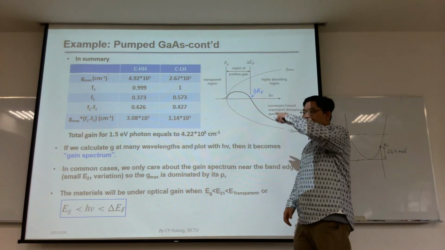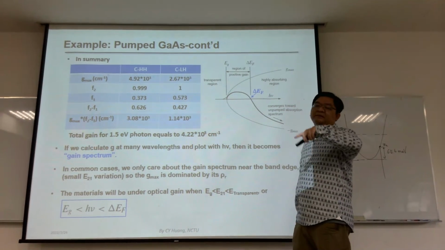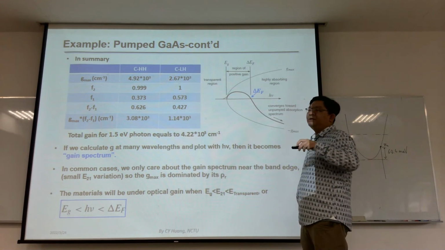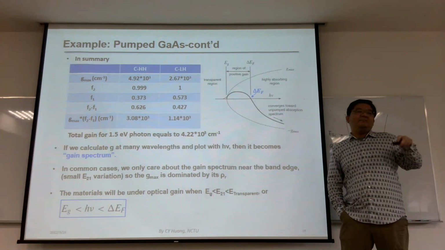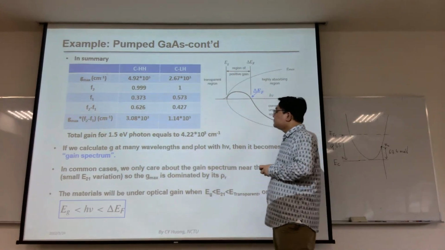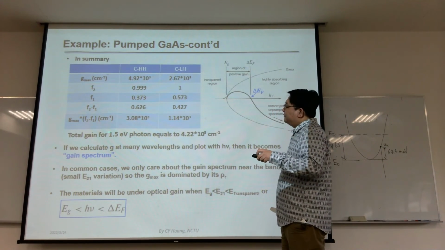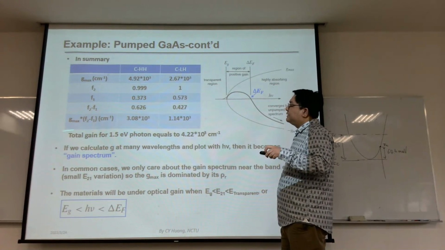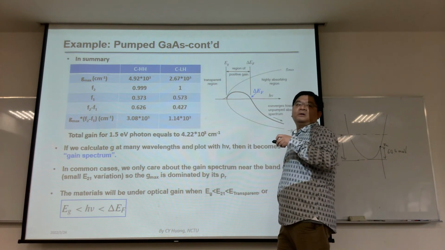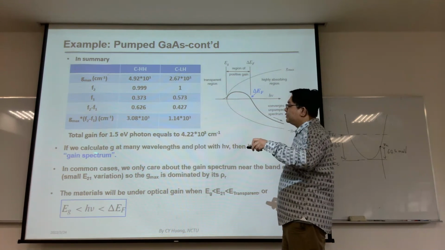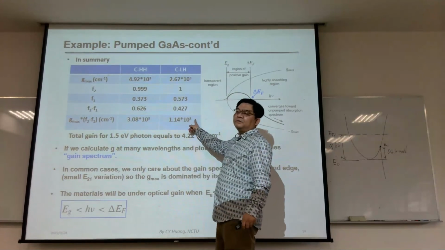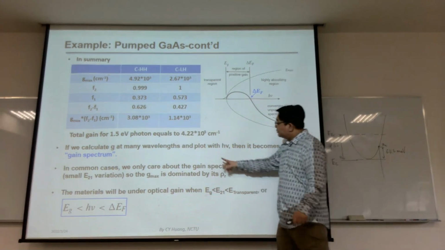So if you review the numbers in detail, you will see the density of state and the effective mass are very important numbers for the material's optical properties. Alright. So for 1.5 eV, the contributions from both transitions need to be summed up. So the total gain is the summation of these two values. It should be around 4000.